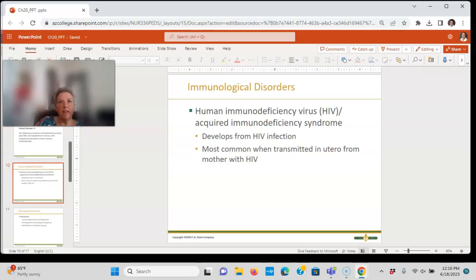The HIV virus infects T lymphocytes in blood, semen, vaginal secretions, and breast milk. So acute infection increases the viral load. Viral load will decrease slowly in infected children.